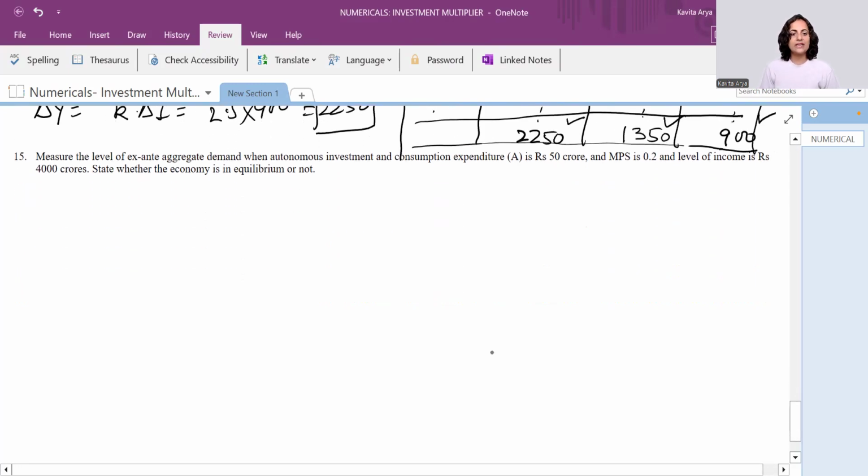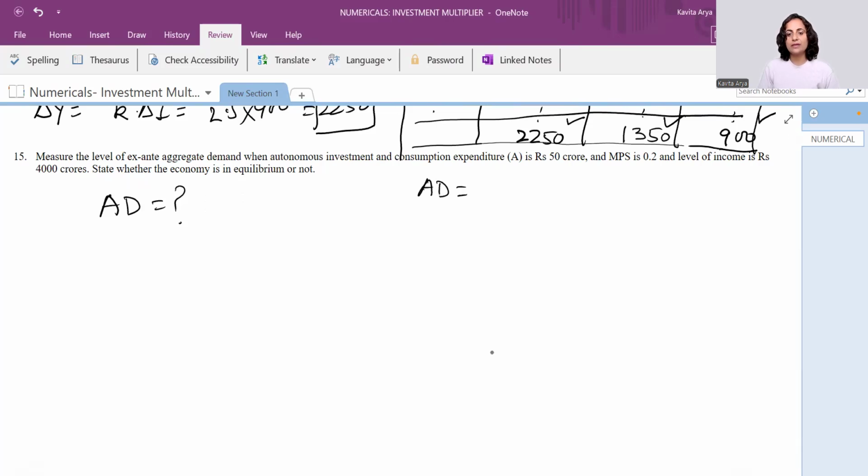The last question says measure the level of ex ante aggregate demand, meaning AD is required when autonomous investment and consumption expenditure are given. This is the same formula I just talked about a moment before, that AD is equal to C plus I, and C is equal to C bar plus bY, plus I. But both I and C bar are autonomous in nature.